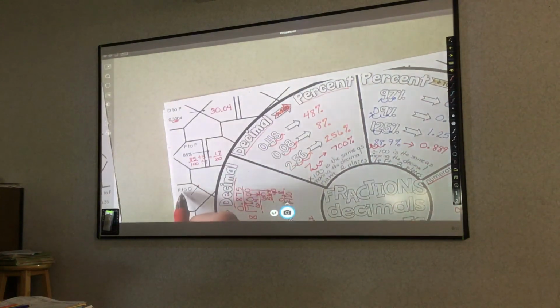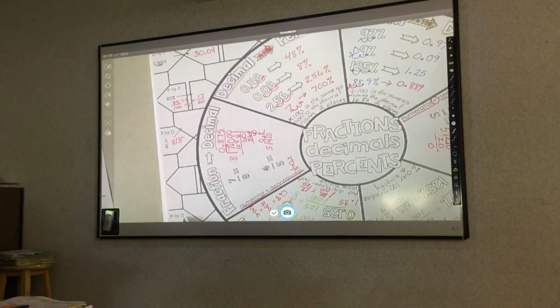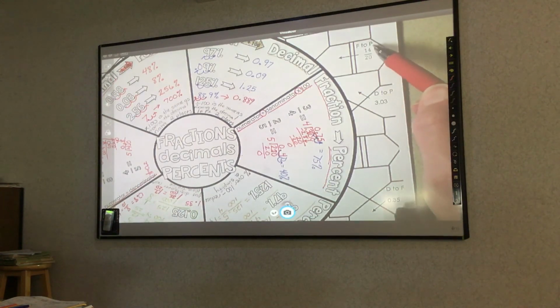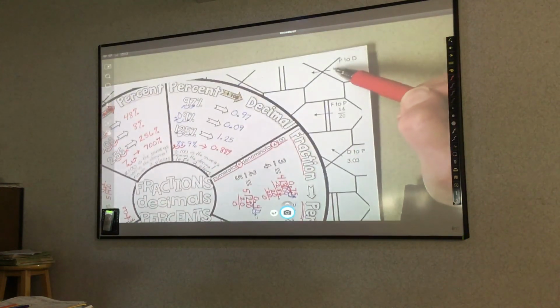This is a fraction to a decimal. You're going to show 5 divided by 8 and do your work. This would be a percent to a decimal, fraction to a percent, percent to a fraction, decimal to a fraction, decimal to a percent, fraction to a percent, and percent to a decimal.